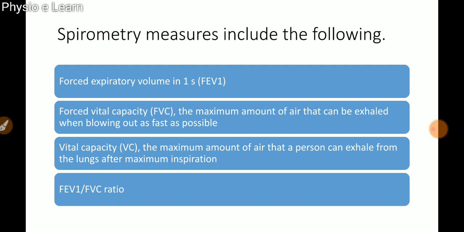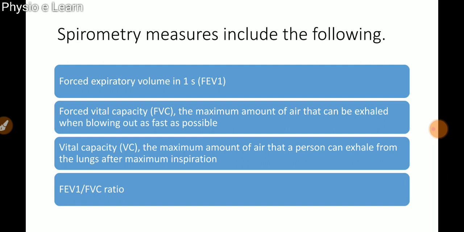The second is the forced vital capacity, the maximum amount of air that can be exhaled when blowing out as fast as possible. When the patient tries to blow out the air as fast as possible, the amount of air the patient expires is known as forced vital capacity.